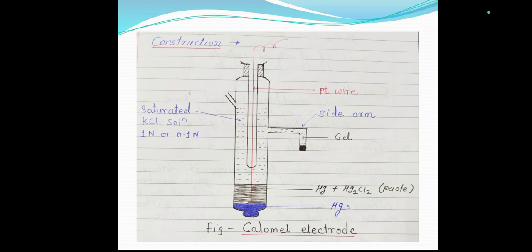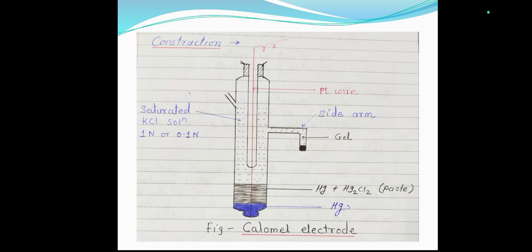If they ask to explain the construction of a Calomel electrode, then only you have to write the points coming under construction. Otherwise if they ask to draw the diagram, then only the diagram you have to draw. Once you know the diagram, you can write the construction, because construction is the explanation of the diagram.